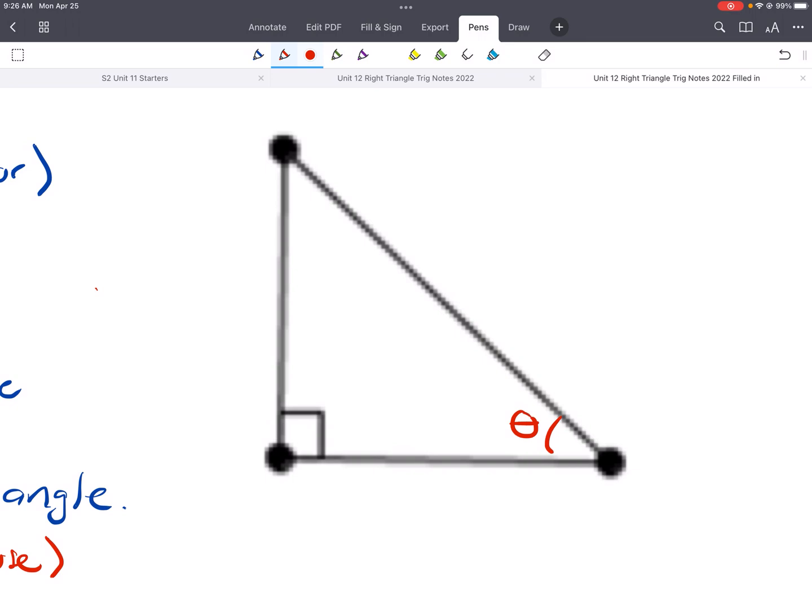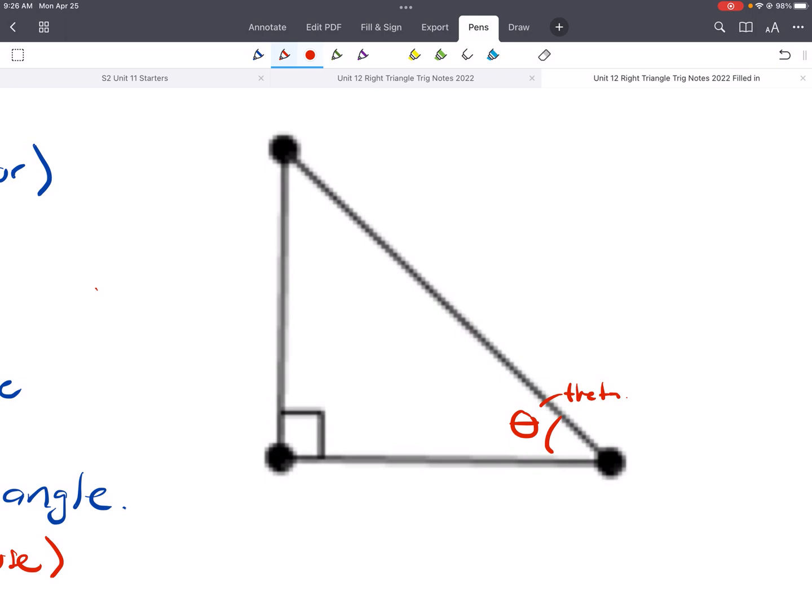It's like a zero with a line going across. That is called theta. It's a Greek letter, and it's what we usually use for angles. It's kind of like when we use x's and y's in equations that we're trying to solve. Here we're just using theta for angles. That's not always the case, but most of the time it is.